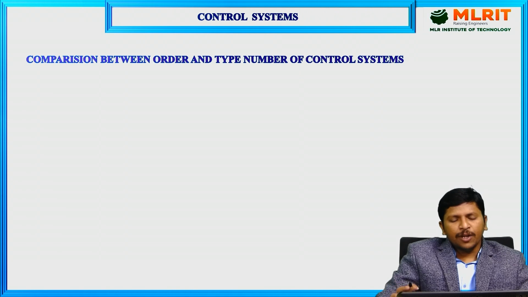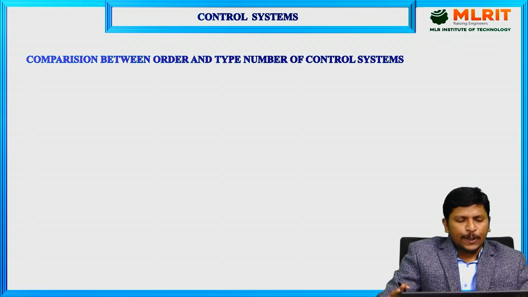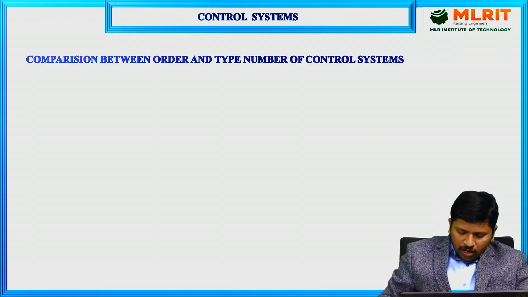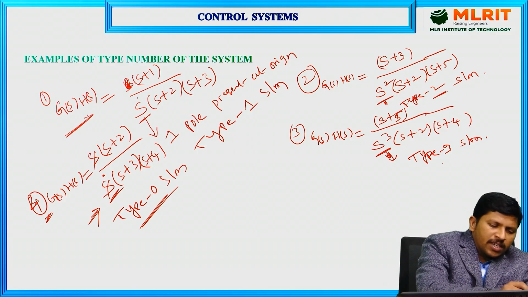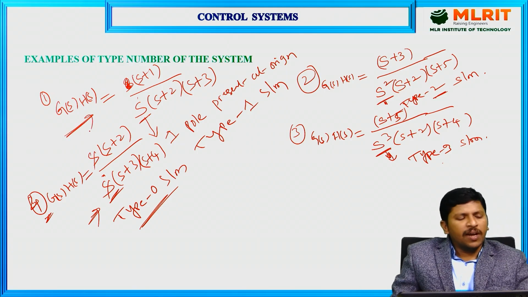The type number is defined for the loop transfer function. For example, in the loop transfer function, is there a unity feedback system, where H of s is 1?